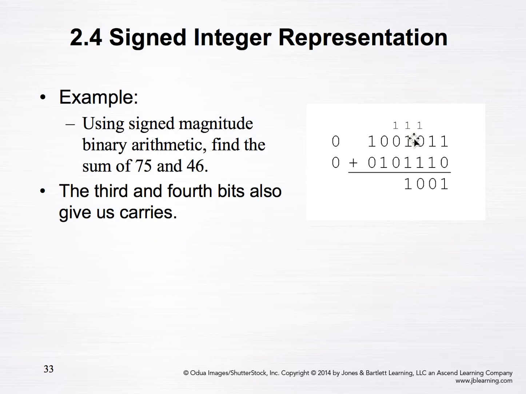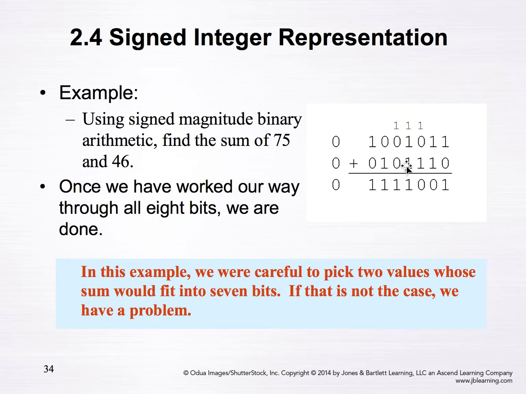Then 0 plus 1 plus the carried 1 equals 1 0, so we write 0 and carry 1 to the next digit. Then 1 plus 1 plus 1 equals 1 1, so we write 1 and carry 1 to the next digit. Then 1 plus 0 equals 1, and we have nothing to carry. The next digit is 0 plus 1 equals 1, and 1 plus 0 equals 1. Adding them together gives the new binary string, the sum of 75 plus 46.